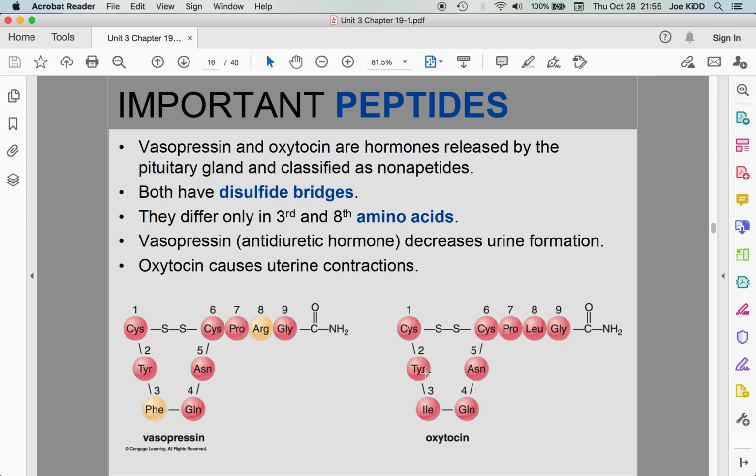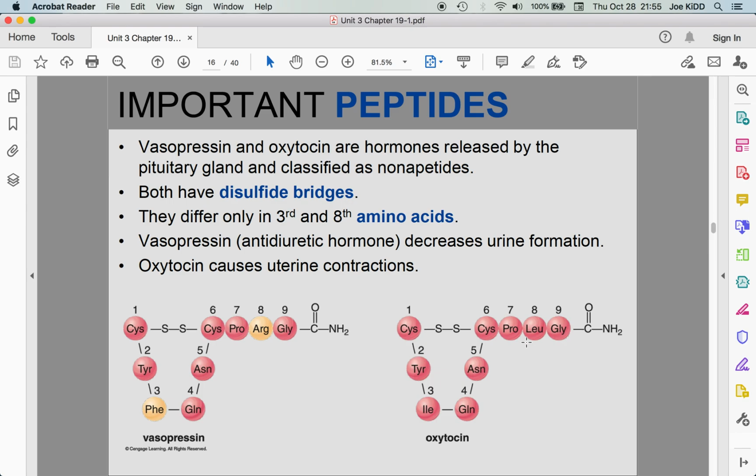What's neat to see here is oxytocin. Oxytocin is very similar to vasopressin, not only in shape, as they both have this disulfide bridge to give it a loop, and 9 amino acids long, but at the 3 and 8 carbon we have different amino acids, and so they do very different things.